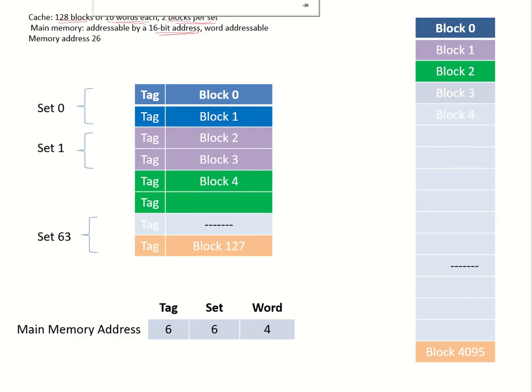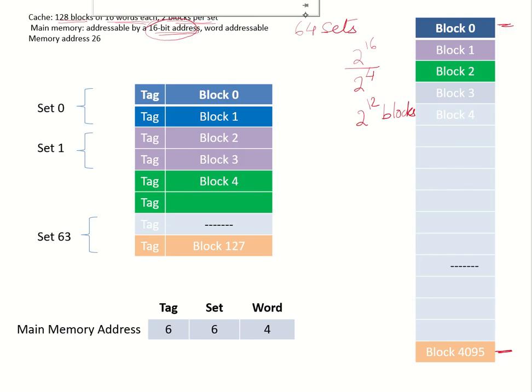Since there are 2 blocks per set, we will have 64 sets. Since there is a 16-bit address, there are 2 to the power of 16 memory locations in the main memory, divided by the number of words in each block. So we have 2 to the power of 12 blocks in the main memory, starting from block 0 to block 4095.